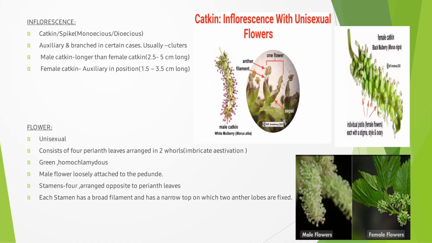In this diagram we will be seeing only the male catkin is present with one flower, which is the male, and the female catkin will be having only the female flowers. So this type of inflorescence in mulberry is referred to as catkin.